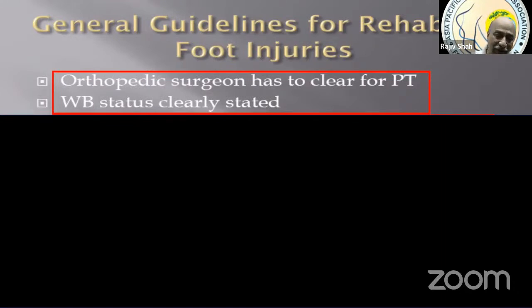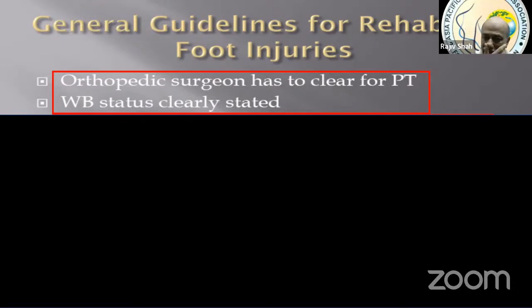We have to clear a patient for physiotherapy and we have to mention weight bearing status. Unless we do that, physiotherapists are so smart, or rather over smart or over wise, I'll put it this way, that they start weight bearing on their own. I have had an experience of physiotherapists who said, the doctor need not know, this is my domain, I have to decide when you have to walk.